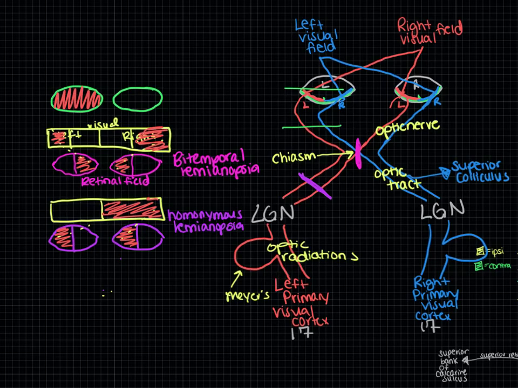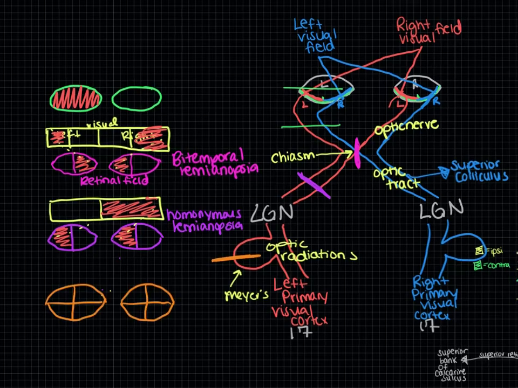Lastly, if you had a lesion in Meyer's loop, the question stem for this might say there's some sort of tumor in the temporal horn of the lateral ventricle, and that's because that's where Meyer's loop loops over. Remember, these fibers from Meyer's loop are carrying inferior retinal fibers.